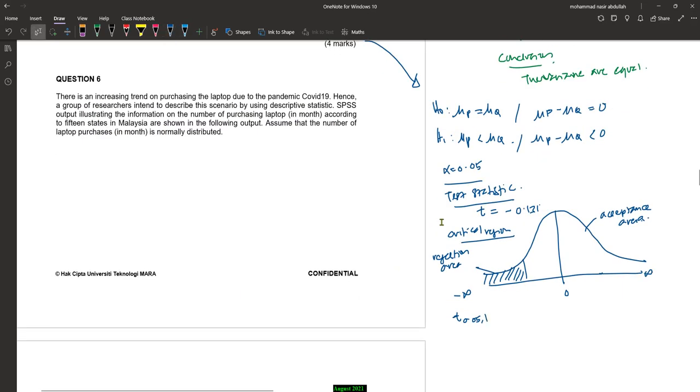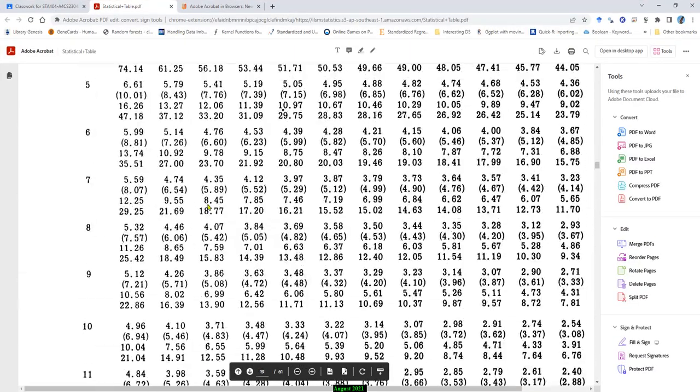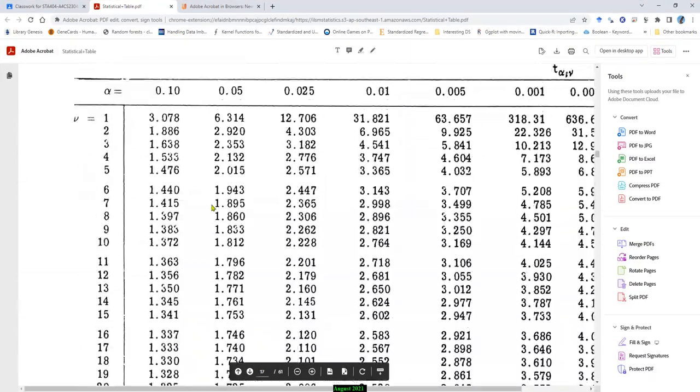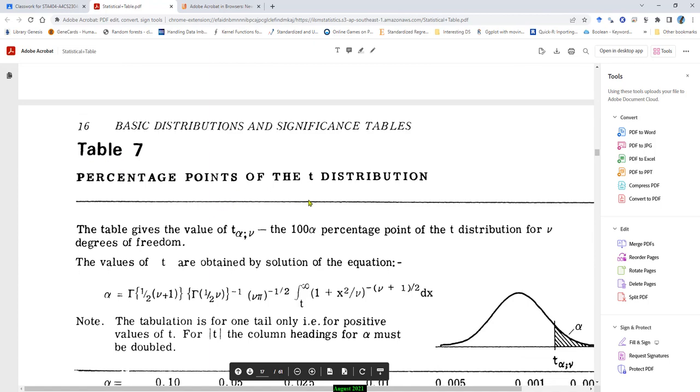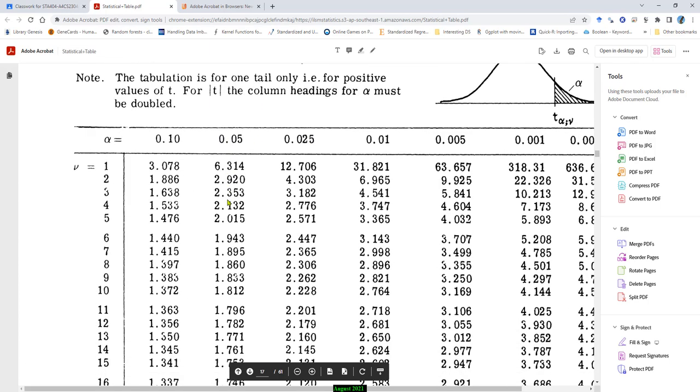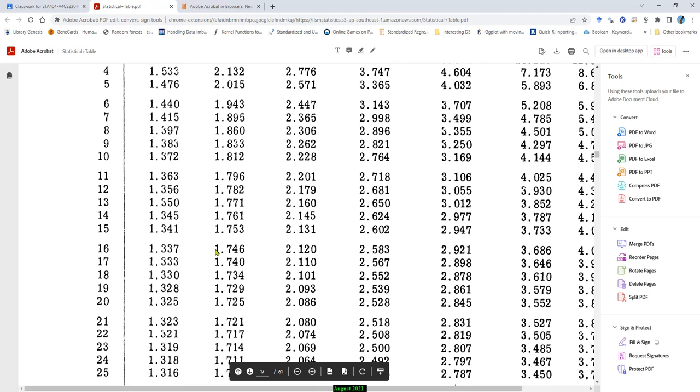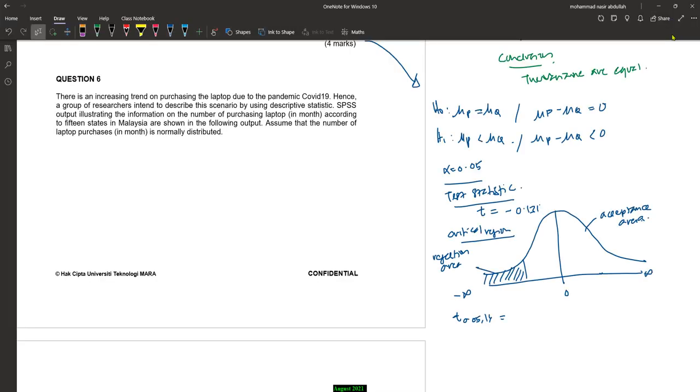So 16. We look in the t distribution statistical table, table number 7, 0.05, 16, which should be 1.746. Since this is on the left hand side, it should be negative 1.746.